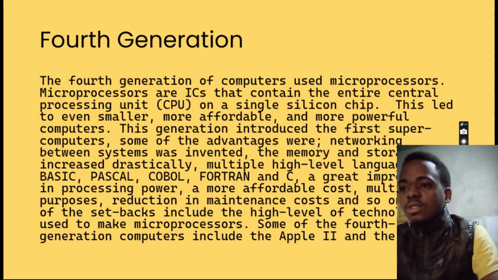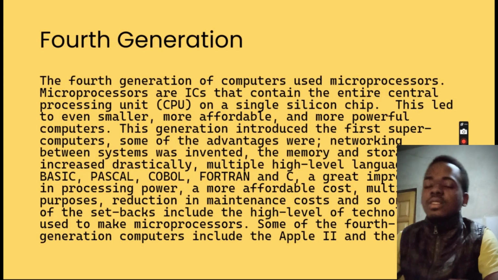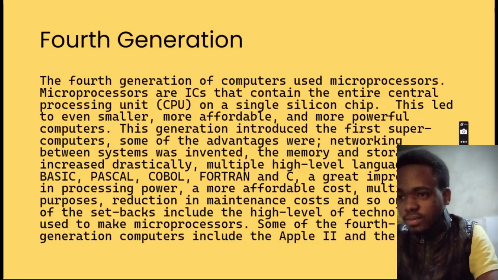More of the advantages we enjoyed were networking between systems was invented, the memory and storage of the computers increased drastically, multiple high-level languages like BASIC, Pascal, COBOL, Fortran and C, and a great improvement in processing power. This was a plus. A more affordable cost, multiple purposes, reduction in maintenance cost, and so on. This generation had so much to offer.